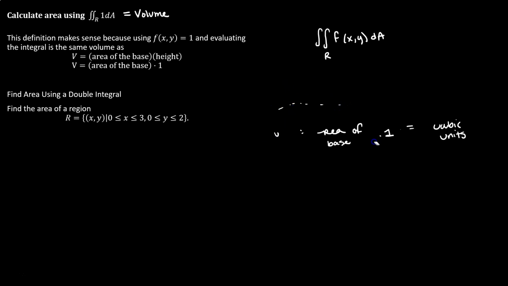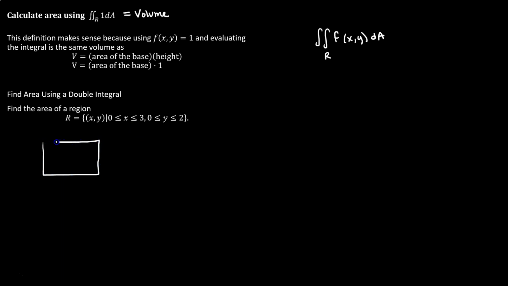So if we want to do an example, we can consider the rectangular region that goes from 0 to 3 and 0 to 2. Now we already know that this is just a rectangle from 0 to 3, 0 to 2. We can find the area of this rectangle. It should be 6 square units.